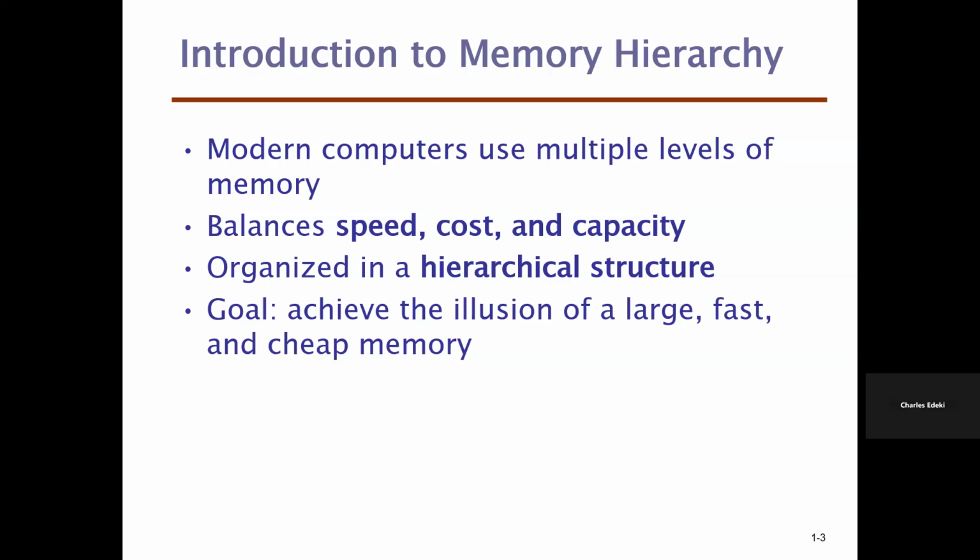The system places small, fast, and expensive memory like cache close to the CPU, and larger, slower, and cheaper memory like main memory, and even the hard drive and virtual memory, further away. That's the main goal here: to achieve the illusion of a large, fast, and cheap memory. The key word is illusion, because it is very difficult.